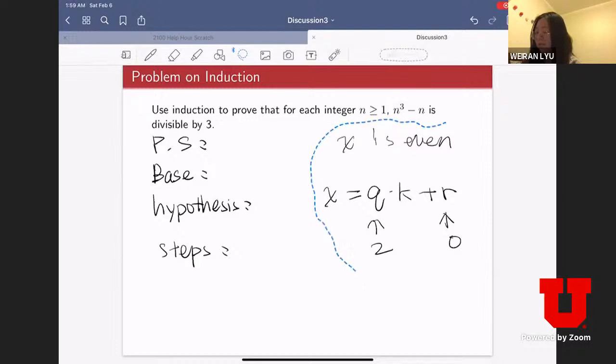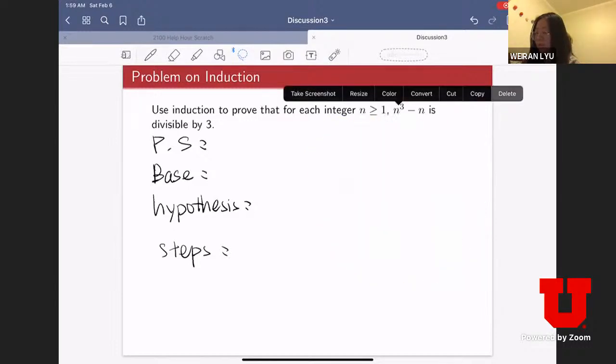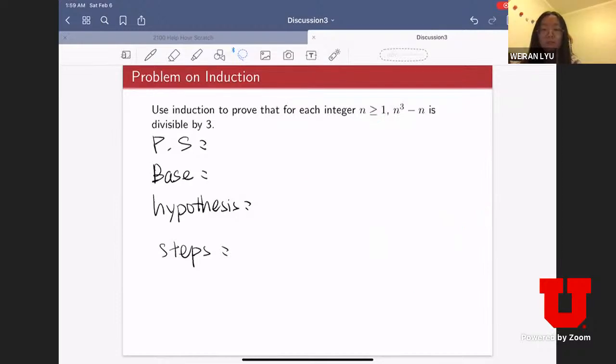Okay, so how are we doing on this problem using the induction? So the base case, well, let's start from the problem statement.